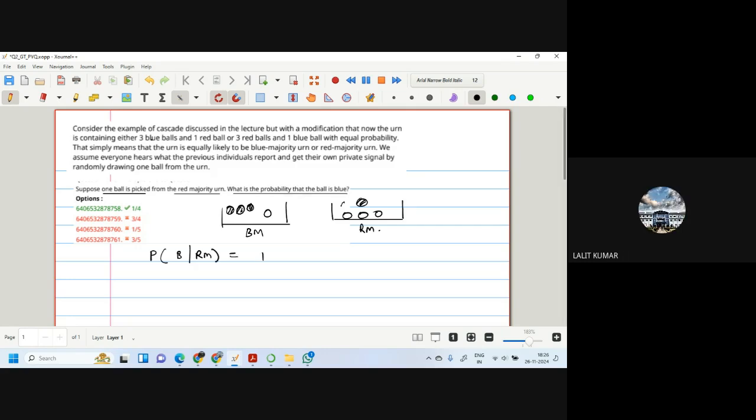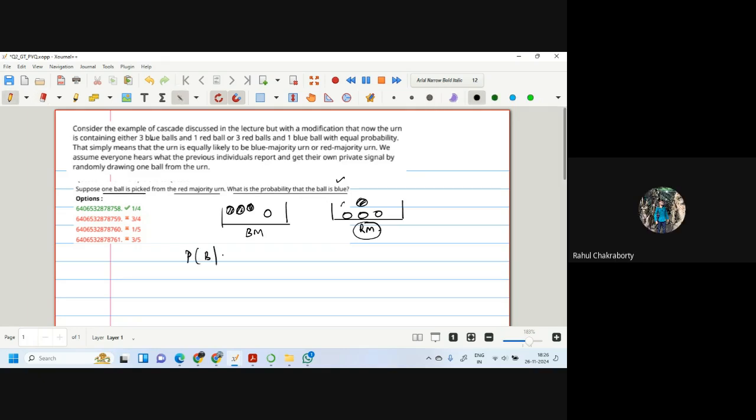So we write it as probability of red majority over blue. This is simple, like this we can directly find out. It will be the probability that we have picked from the red majority and the ball is blue, so it will become 1 by 1/4.